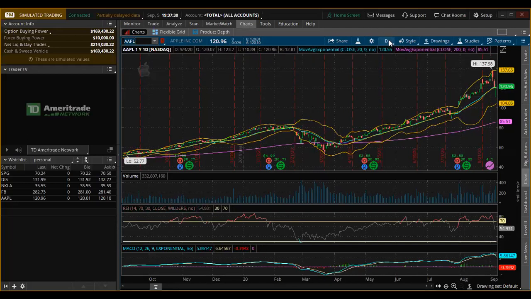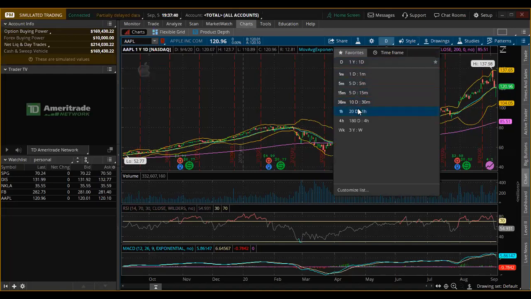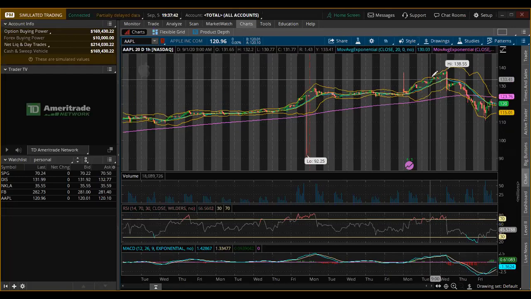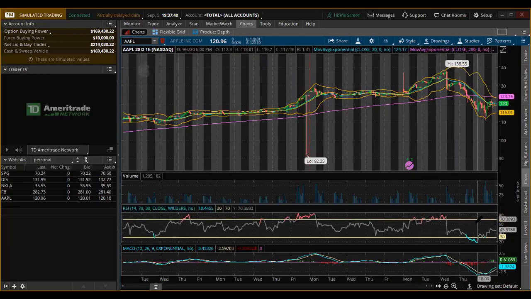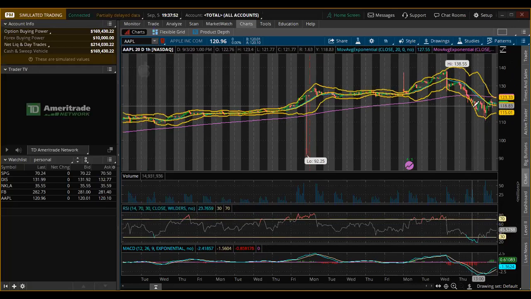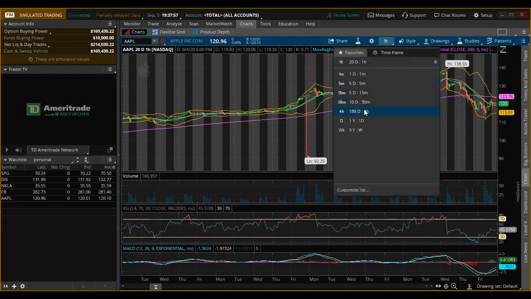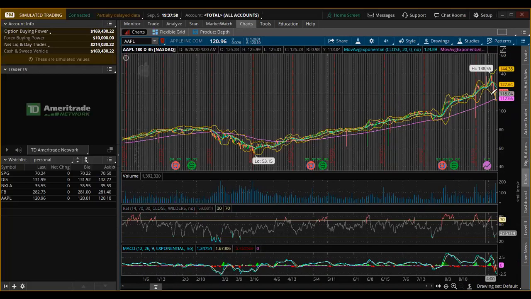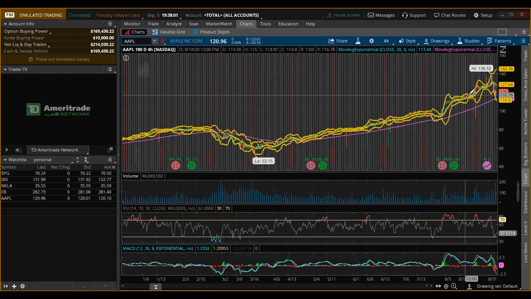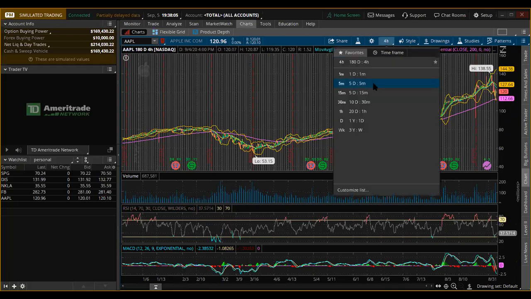Because it went down to like 110. So let's look at it. Oversold on this day, to 180. It hit that Bollinger Band.